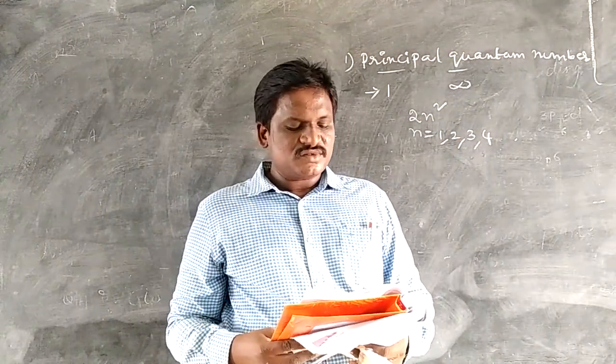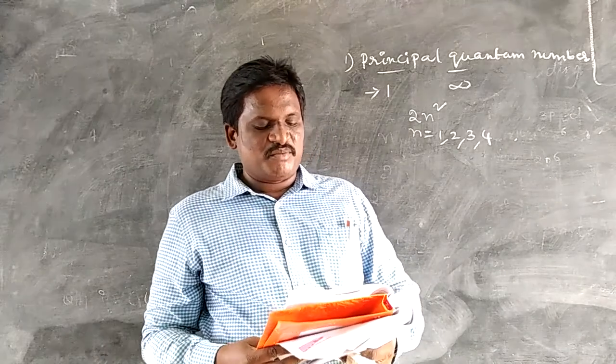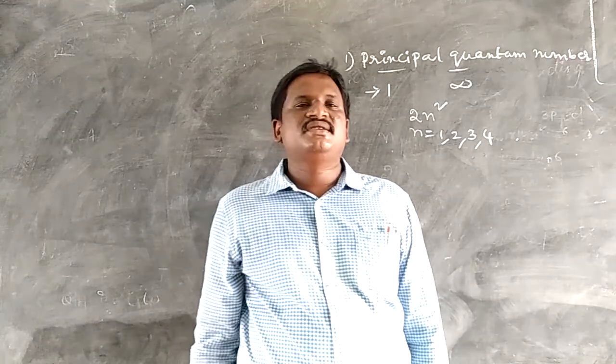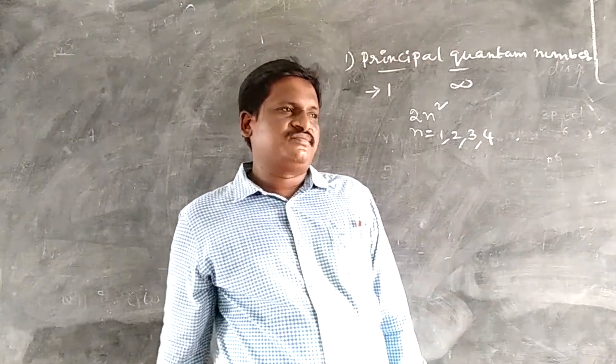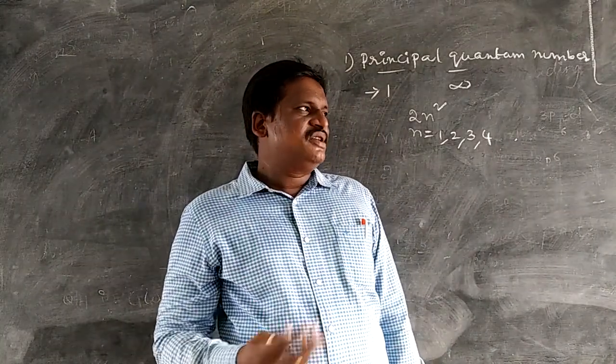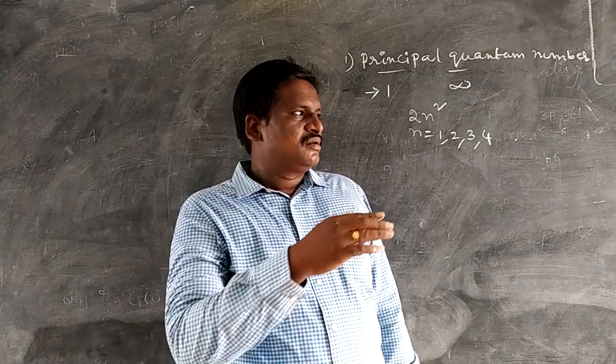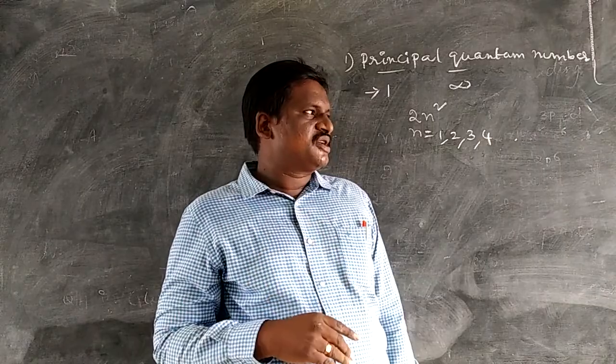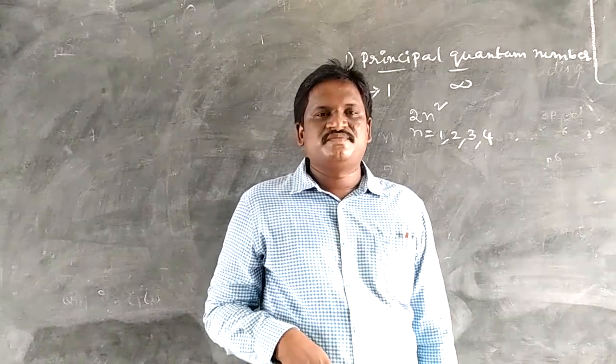Next, the angular momentum quantum number. The angular momentum quantum number defines the shape of the subshell or the shape of the orbital. Subshell means: s orbital in the s subshell, p orbital in the p subshell, d orbital in the d subshell, f orbital in the f subshell.